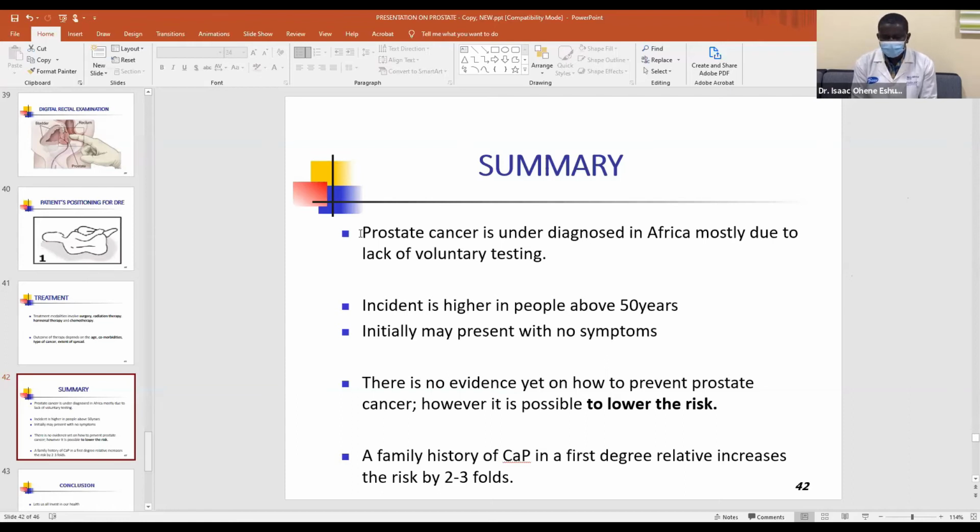Now, all this is information for us to become conscious of our health as males and take the good initiative to screen. At this juncture, we want to encourage all the males listening to this lecture that if you are 40 or above, at least for once, you can take this opportunity and have a PSA done to know your status.